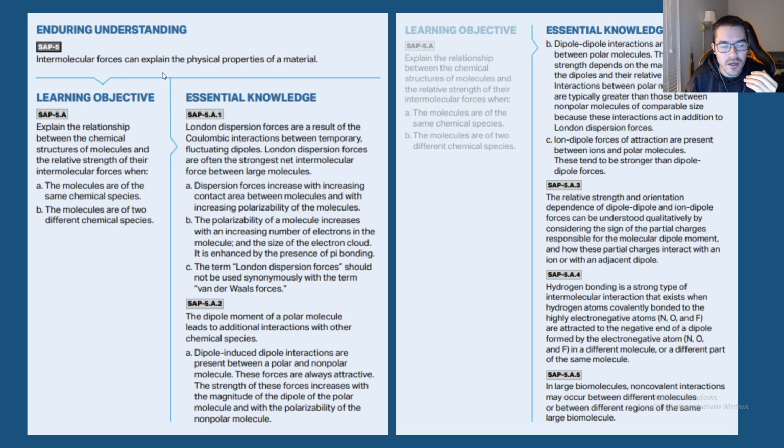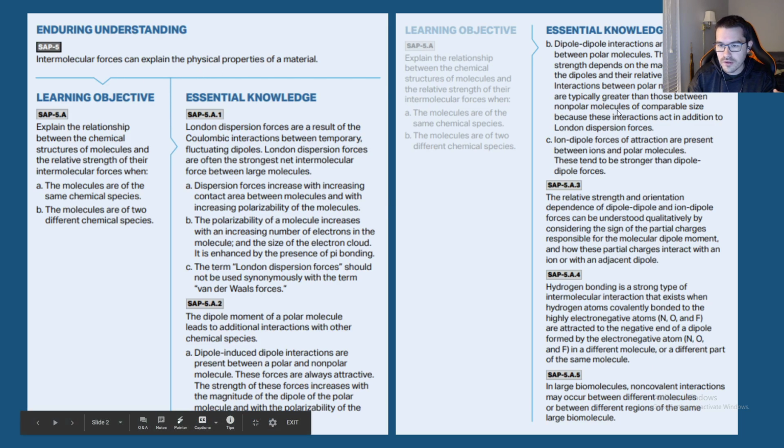And that's going to be a huge theme for us starting today and moving forward throughout this unit. We're going to be talking about the relative strengths of intermolecular forces, how you can identify what intermolecular forces are going to be there, their relative strengths, and then what kinds of physical properties arise from those intermolecular forces.